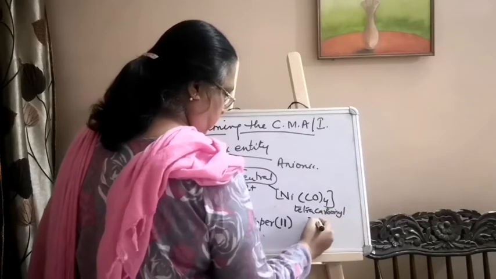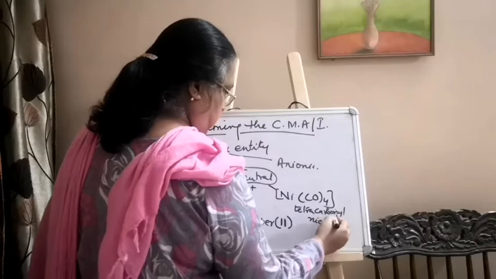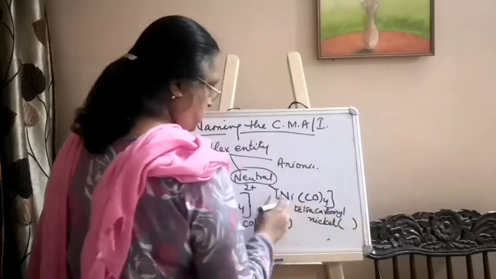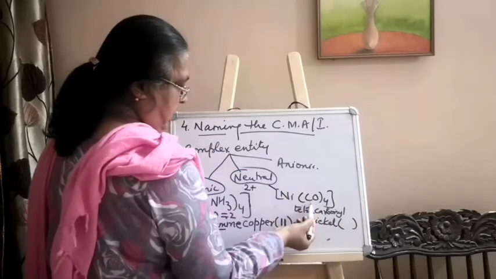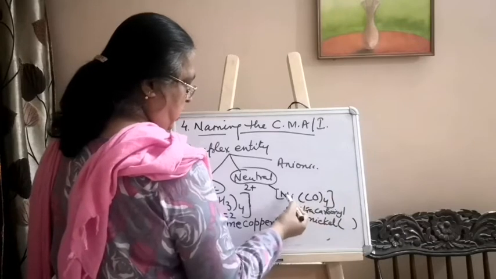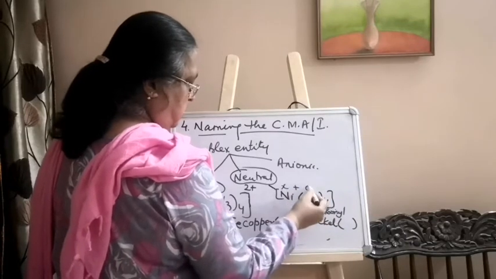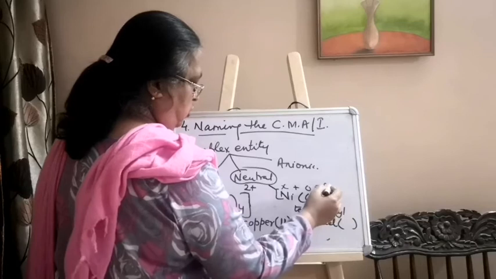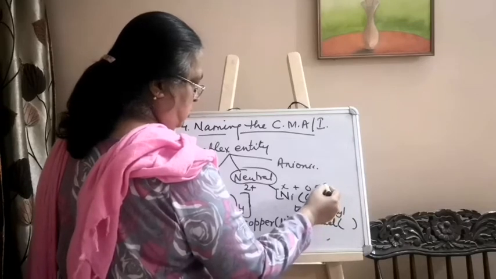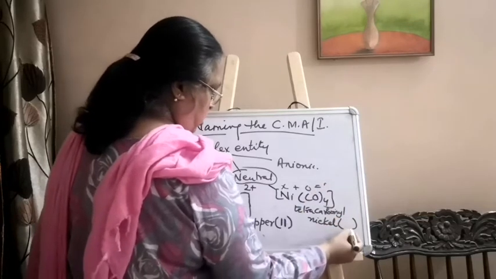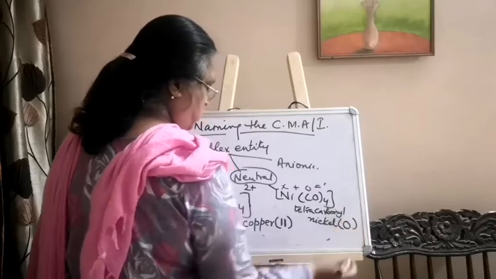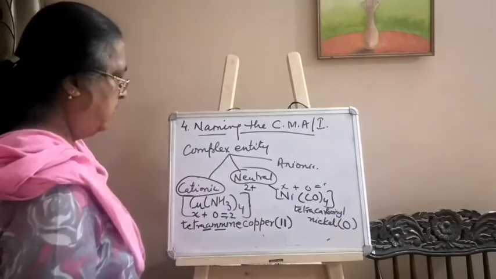You will leave no space: nickel, and its oxidation state. This is a neutral ligand having no charge. So this is X plus 0 is equal to no charge, neither plus nor minus. So X will be equal to 0. So here the oxidation state is 0.